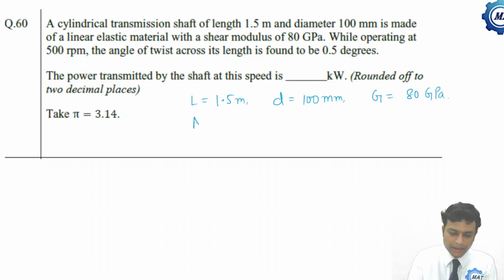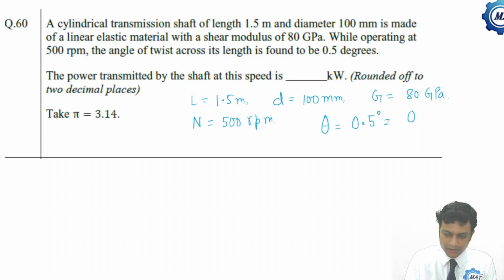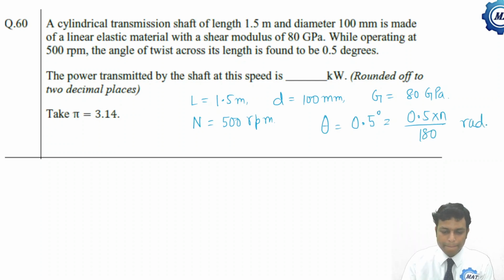While operating at N is 500 RPM, the angle of twist across its length is found to be 0.5 degree. Angle of twist is theta, 0.5 degree, that is 0.5 into pi by 180 radian. The power transmitted by the shaft is to be determined.